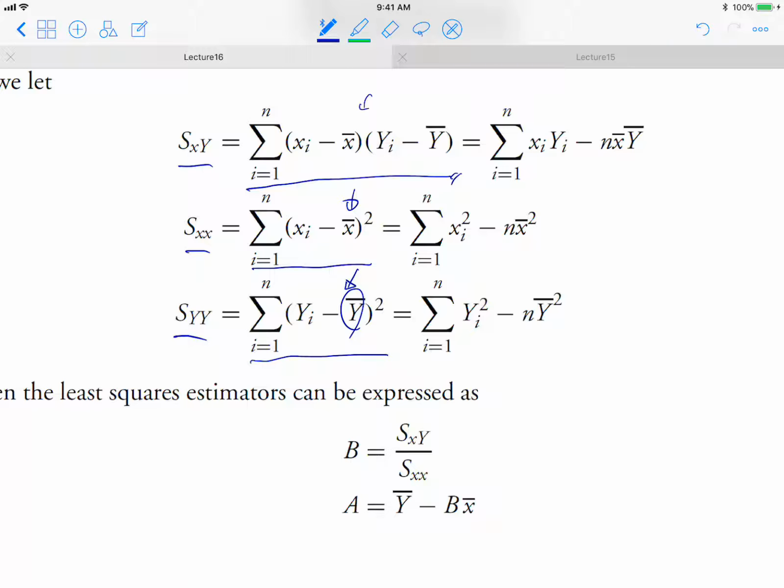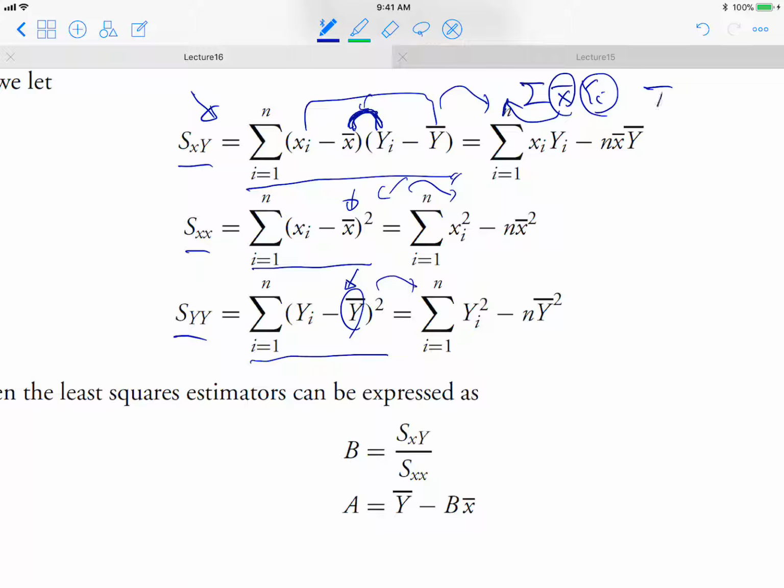And then each of them can be rewritten in this manner, right? So for example, in this case, for this cross term, like x bar times yi, this guy can be factored out, and then this will be equal to this, and then this guy will be y bar, right?